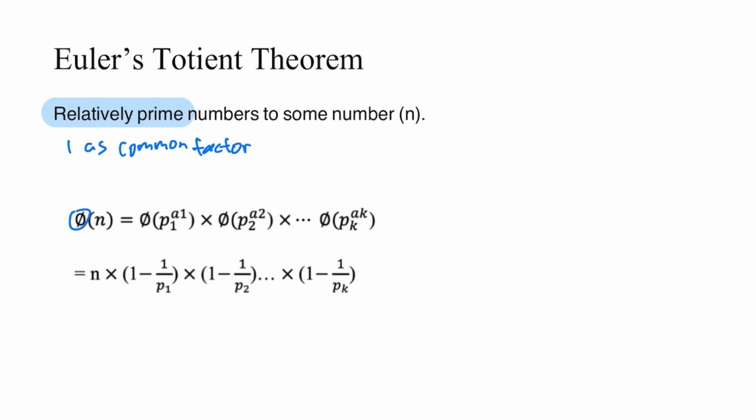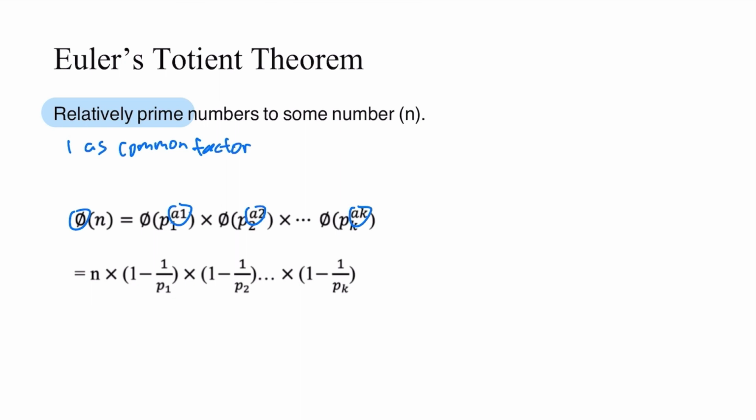As you can see, this formula is similar to the previous formula, as n is equal to p1 to the power of a1 times p2 to the power of a2 times all the way to pk to the power of ak. This is the formula that we know for the number of divisors in a composite number n. But here we have to find the relatively prime numbers, those with only 1 as a common factor.